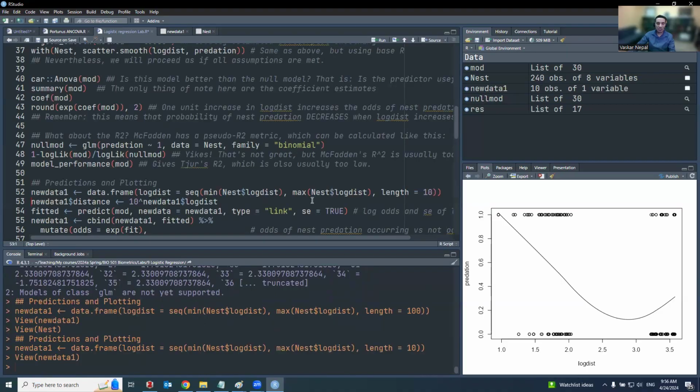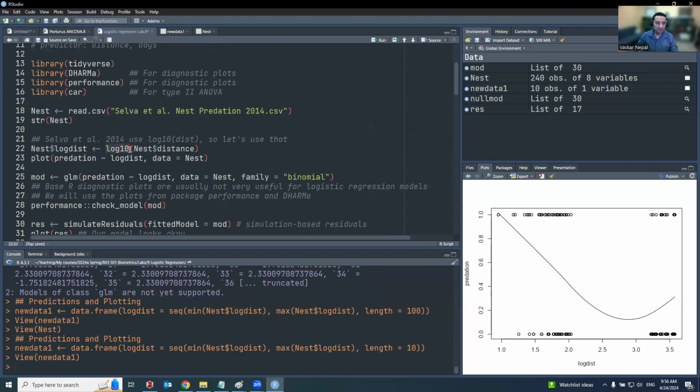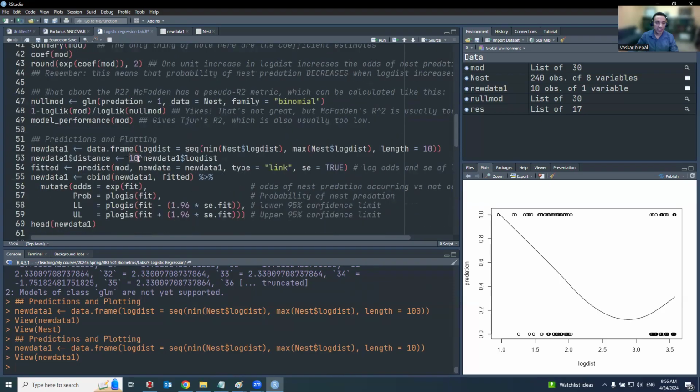Then, because this is all in log dist, we want to convert that to distance so that it is easier for us to understand the data. So we will create a new column called distance by 10 to the power log dist. Earlier, we used log10. That's why we are doing 10 to the power. Before, in some other exercises, we were doing natural log.